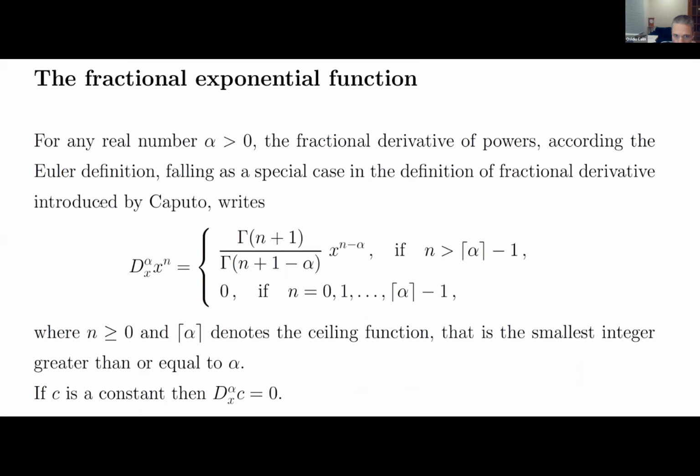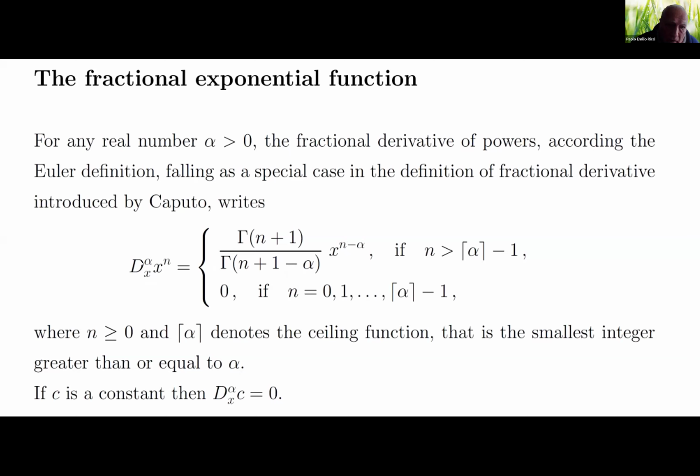The factorial exponential function is another type of fractional exponential function. Given any number alpha greater than 0, the fractional derivative is defined using the Euler definition. It is written here in this form.